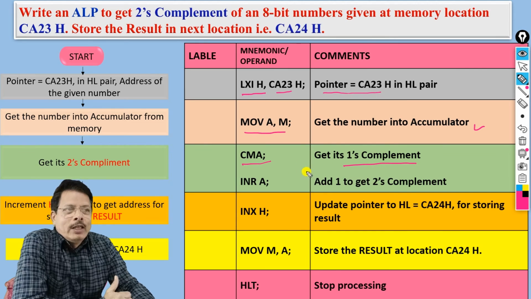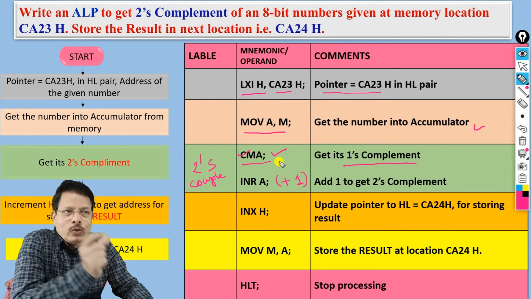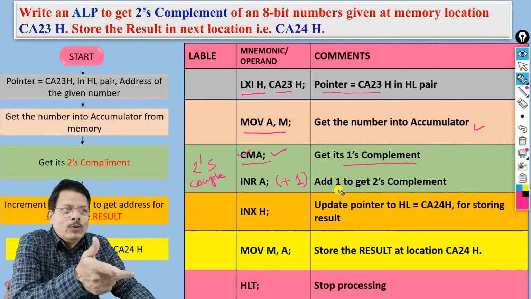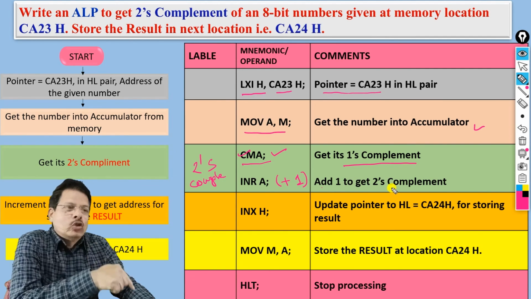But our aim is to get the 2's complement, and this gives you the 1's complement. Incrementing means you are adding 1 to the accumulator. With the previous instruction you get the 1's complement, and by incrementing it the result will be the 2's complement. Therefore the comment I have written here is add 1 to get 2's complement.